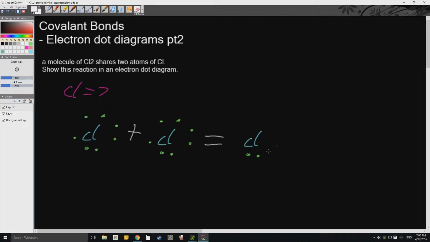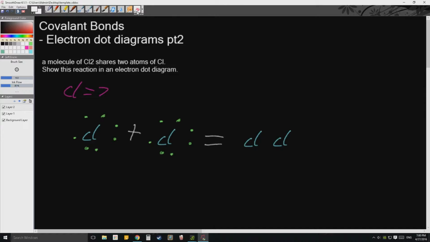Is by drawing out our 2 chlorine atoms, and now we need to rotate one of these or both of these, depending on the question, to make sure that these 2 are facing each other so that they each share an electron.